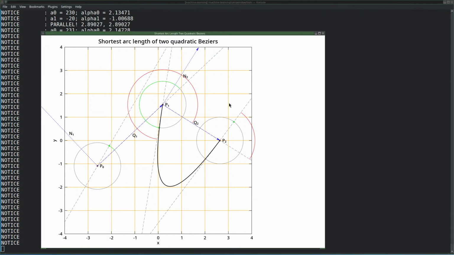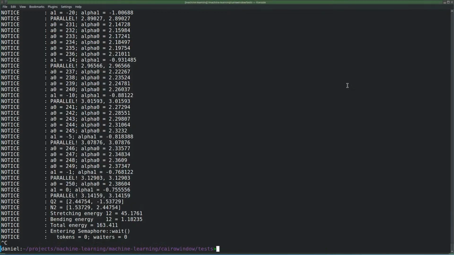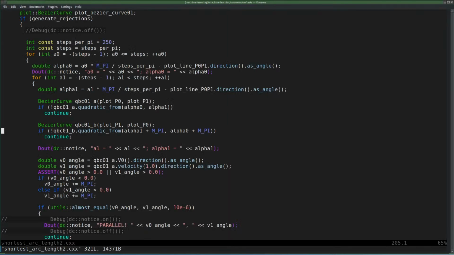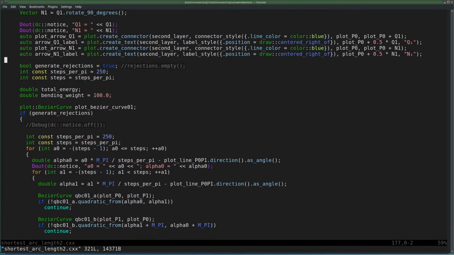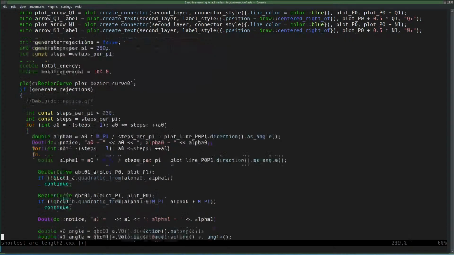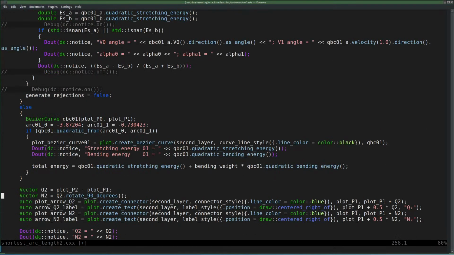I thought, oh no, it's not drawing that. Draw it. Print them.